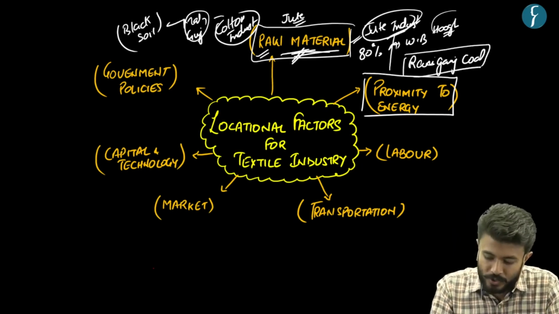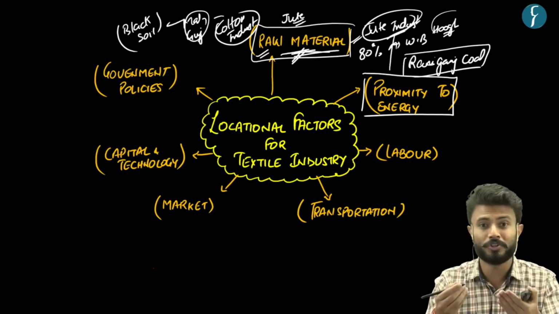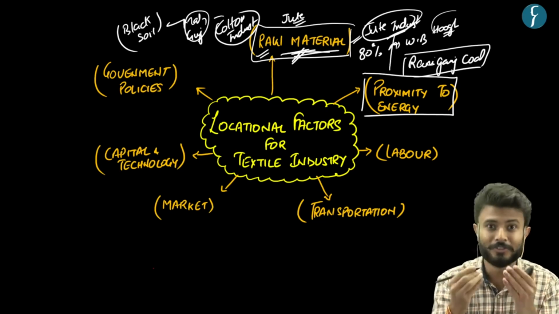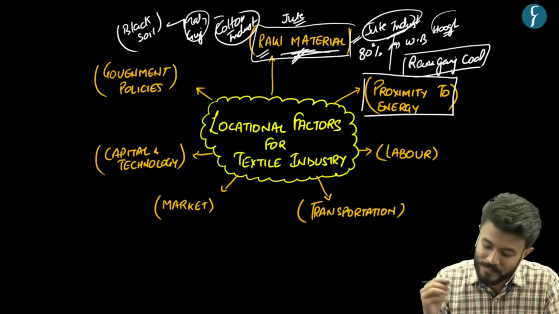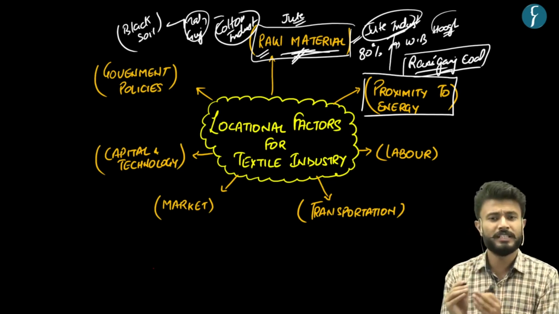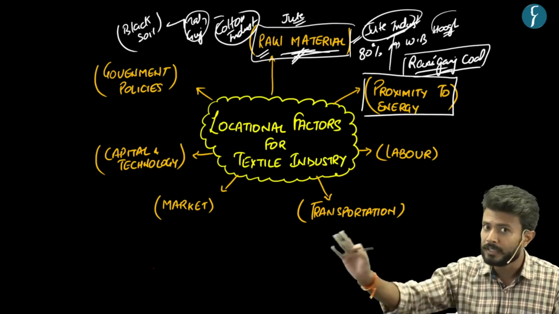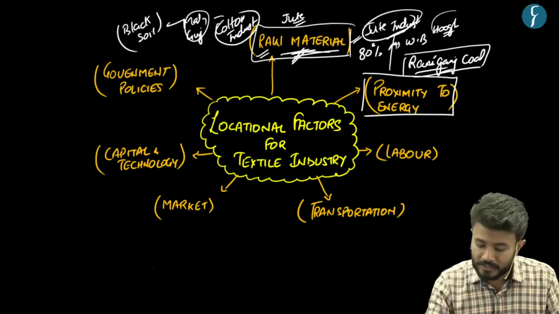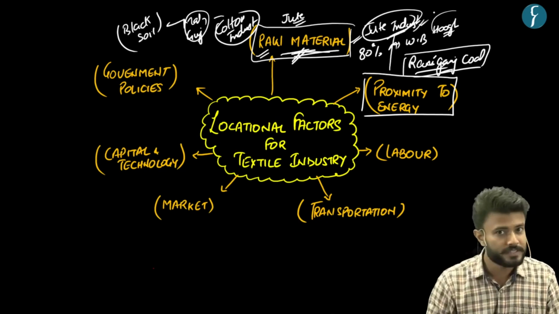Obviously, if you have to run the machines, if you have to run the industries, you require a continuous support of electricity. So for this continuous energy, you need to have some energy resource in the nearby area. For example, the Raniganj coal fields in the context of the jute industry of West Bengal.